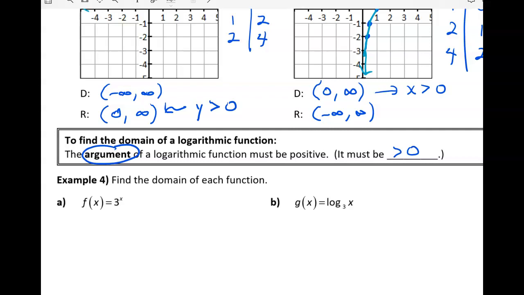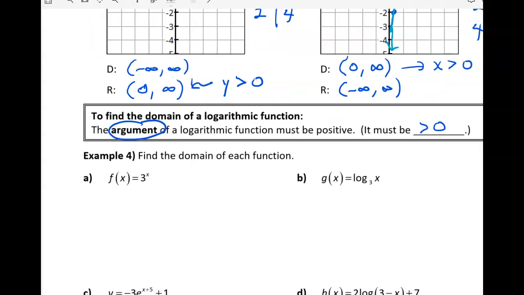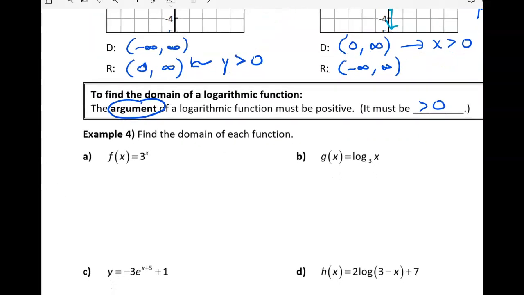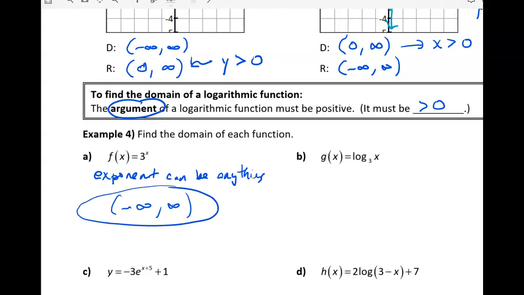Right, let's find some domains of different types of functions. The first is an exponential function, no logarithm involved, and you notice that x is in the exponent, and an exponent can be negative, can be positive, can be 0. So an exponent can be anything. What does that mean? The domain for this exponential function is the interval from -infinity to infinity, or all real numbers.